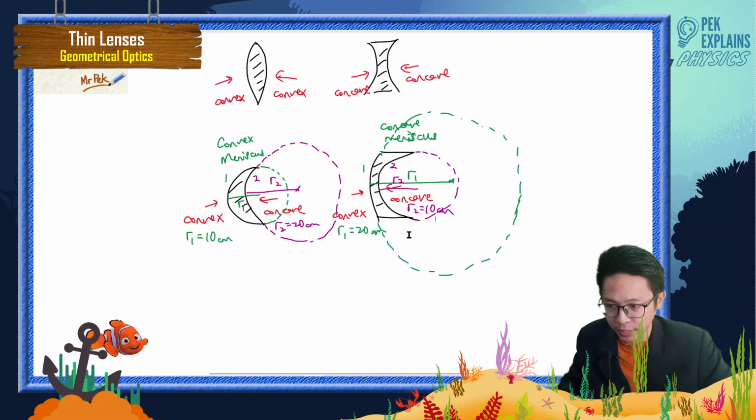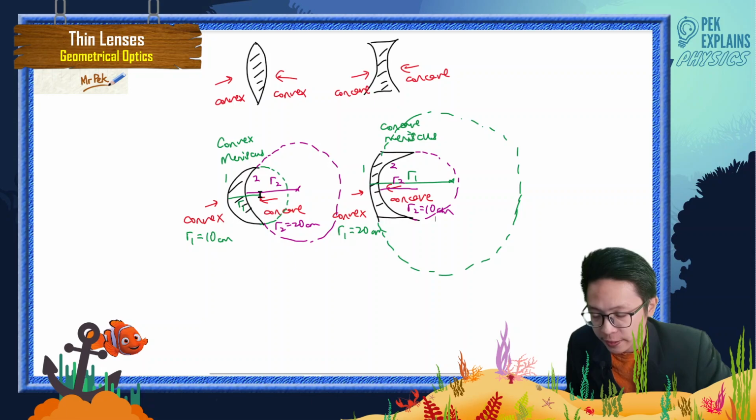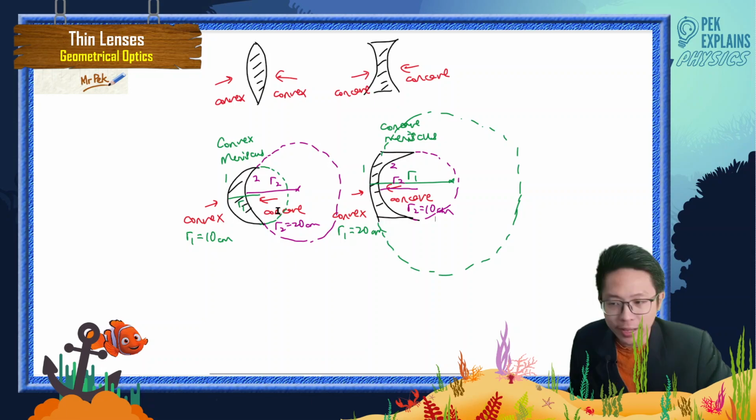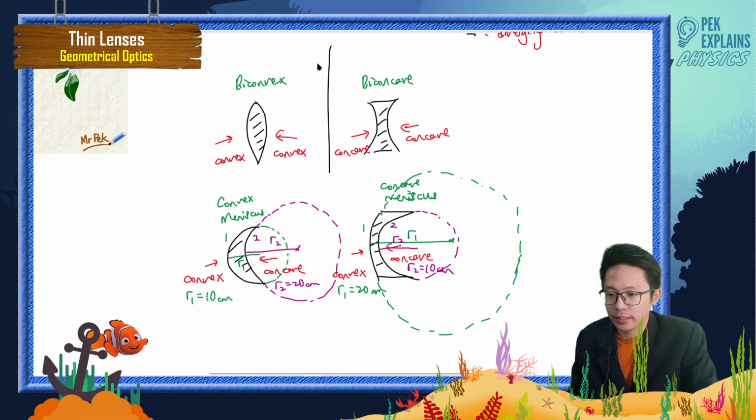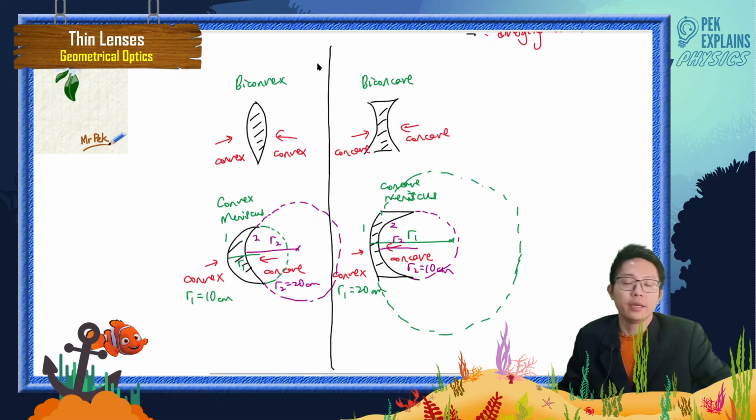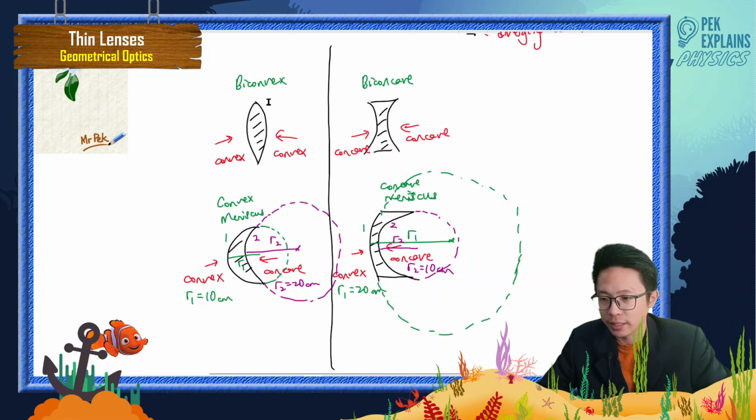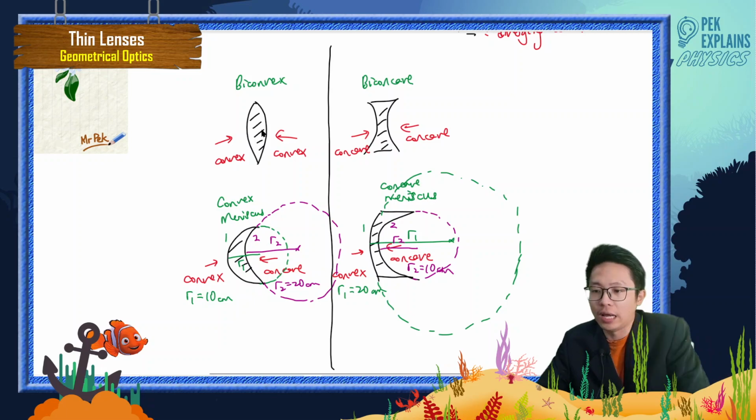Another thing, if you can see, these two, I divide them into two. For this one, biconvex and convex meniscus, both of these are converging lenses.